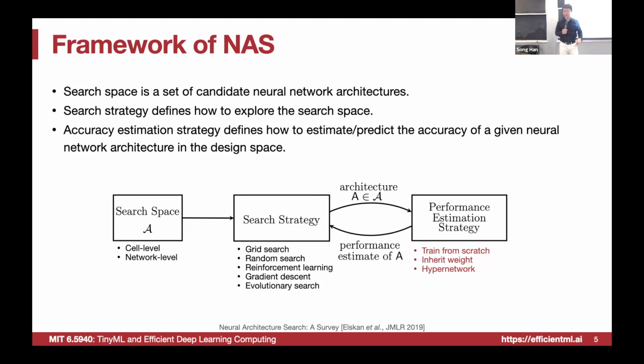We'll cover training from scratch, which is the most naive approach, inheriting the weights, and using a hypernetwork to save the cost of estimating the accuracy, the performance. And we feed that performance back to the search strategy to update the next architecture that we are going to explore.